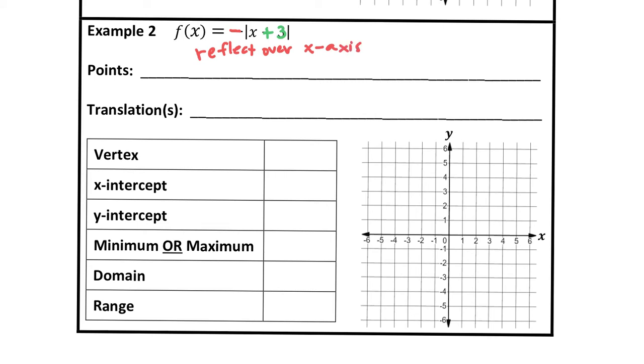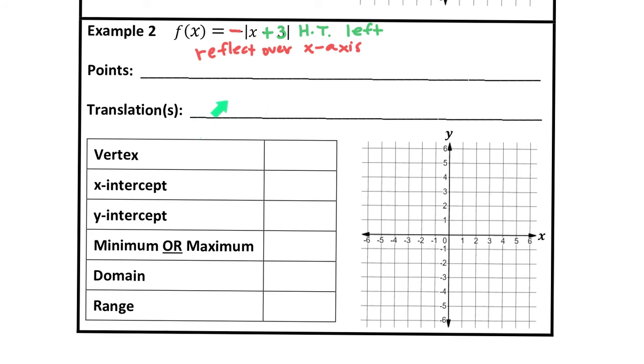And then the plus 3 is a horizontal translation to the left. Because remember, we got to think oppositely for the horizontal translations. Right? If you say plus, we go in the opposite direction. And I'm not going to focus on the points. I want to see how we can take the parent function and translate it.